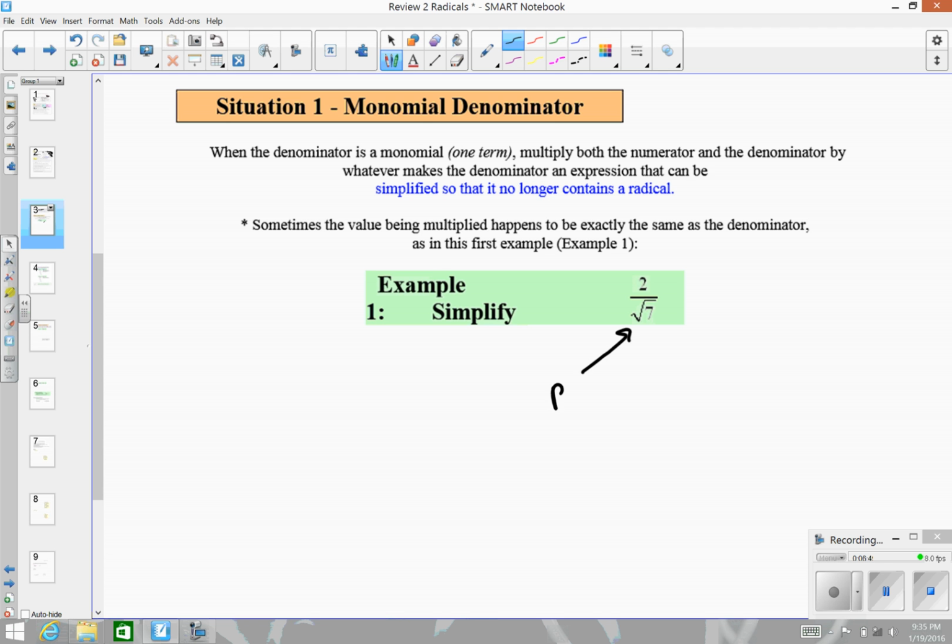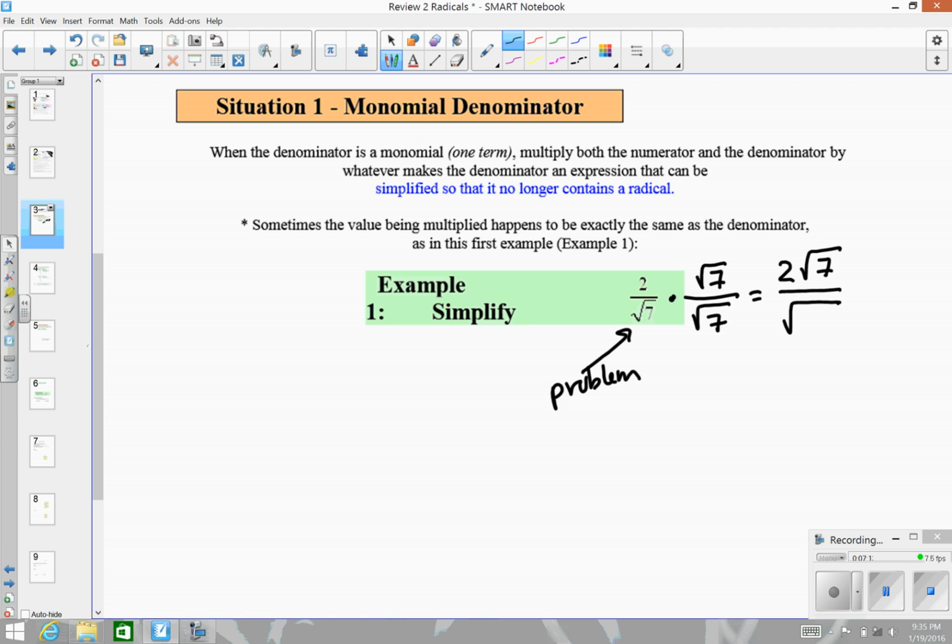Problem is, radical 7 is in the denominator. We can't leave it there. So we're going to multiply this by radical 7 over radical 7. That way, in the numerator, I'm going to have this 2 times radical 7. The denominator, remember, I'm multiplying. We've got the same index.